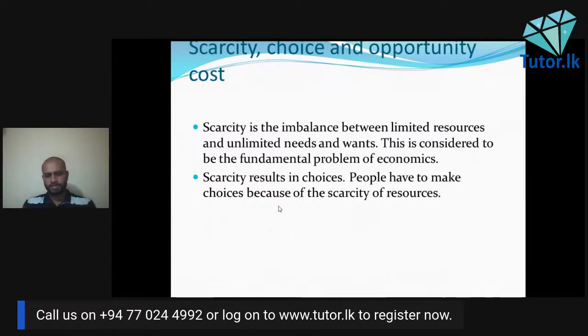Right. Now, then it comes to choices. Choices means, if you take a company, it will have only limited resources. Let's say they have 100 employees, one vehicle, one building, a small land area, and one owner for the business. So these are the resources they have, but they will have unlimited wants.